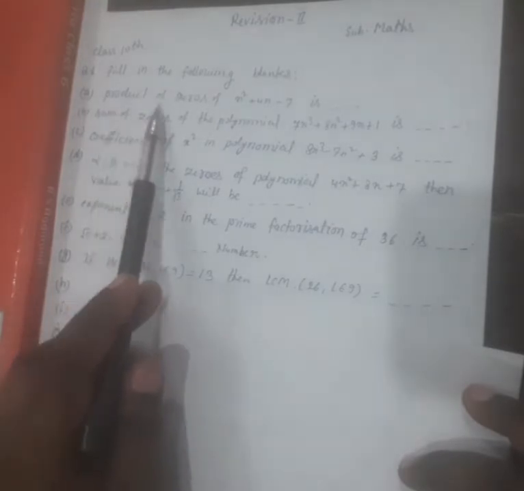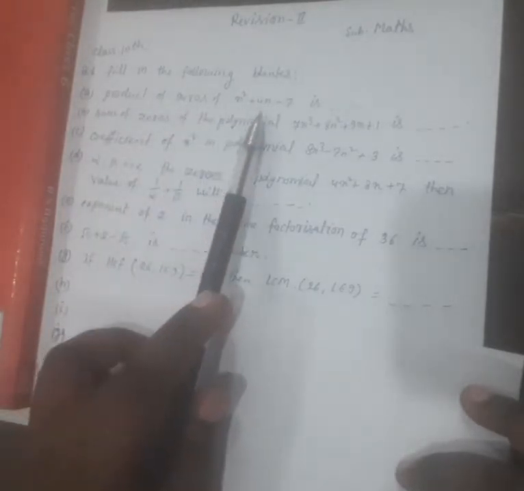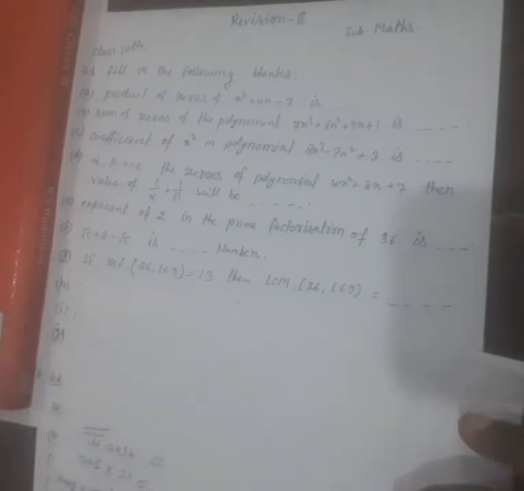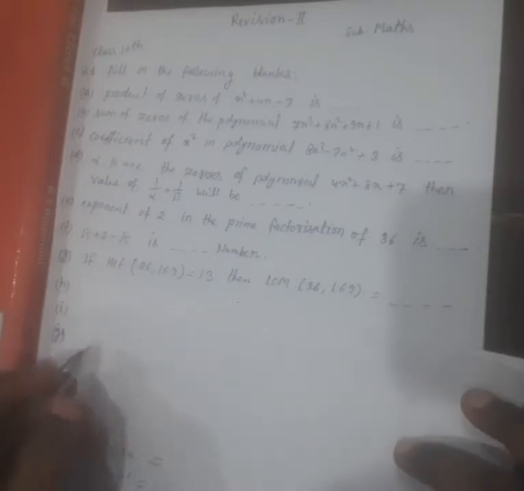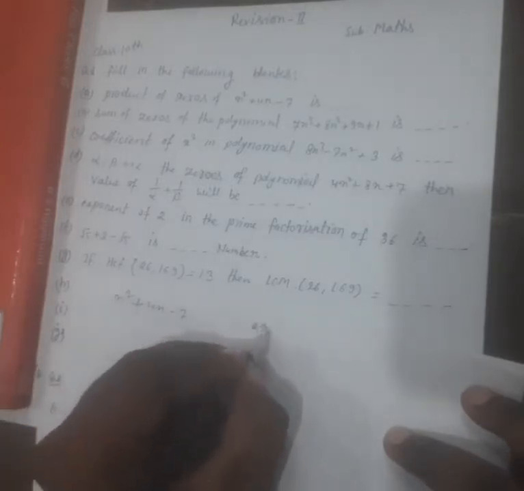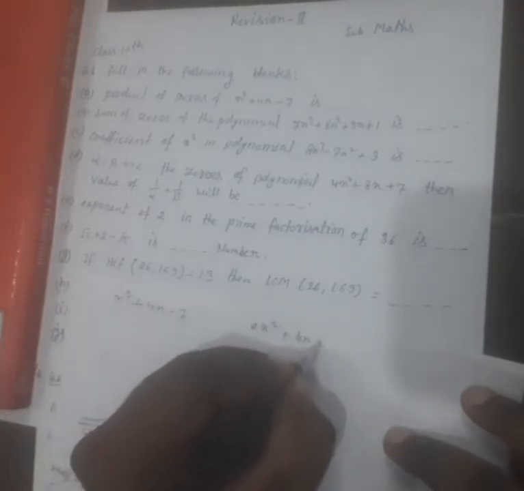First, the product of zeros of x square. So there is an equation x square plus 4x minus 7, and let me compare it with the general equation ax square plus bx plus c.